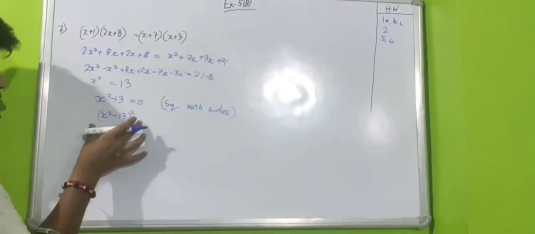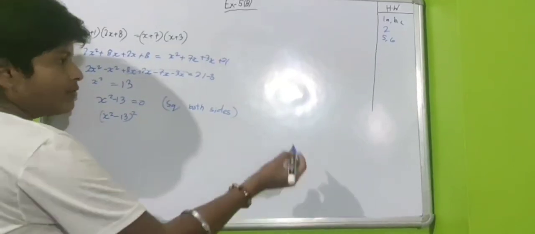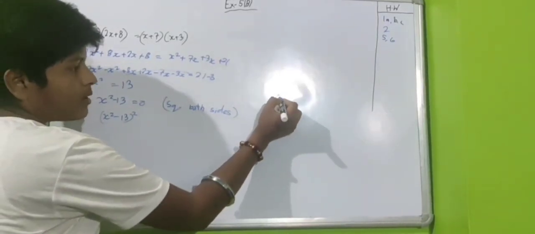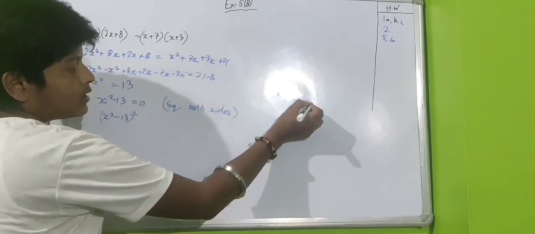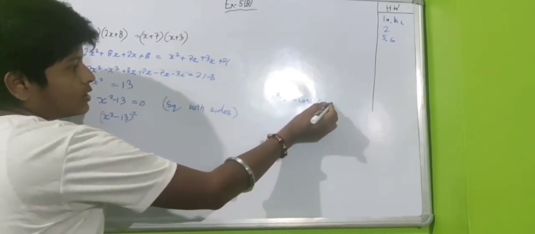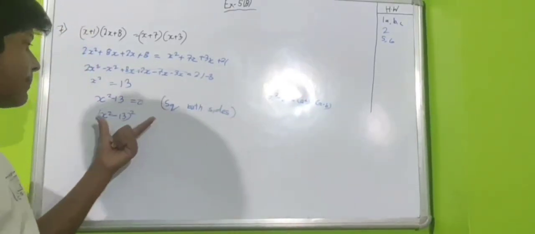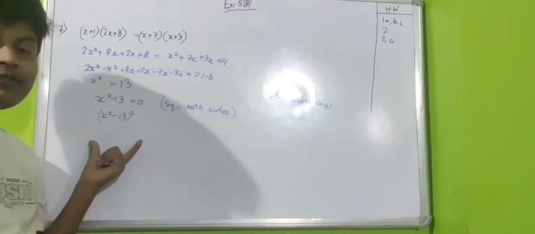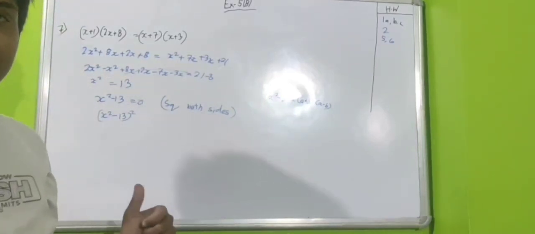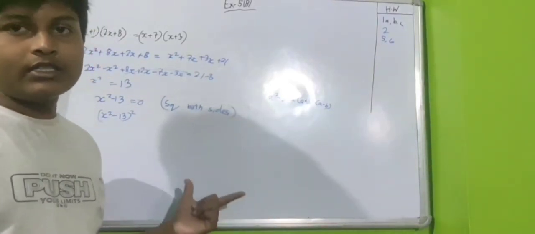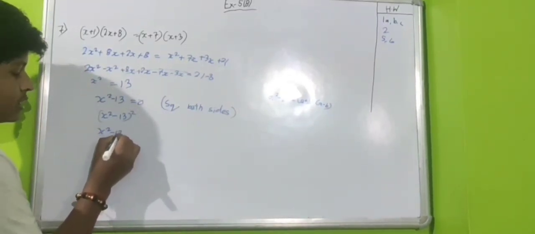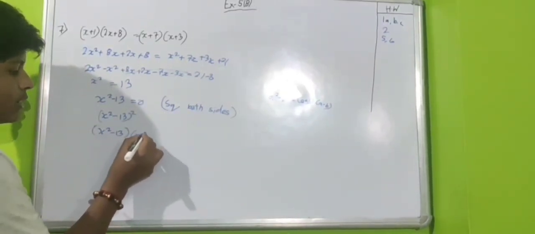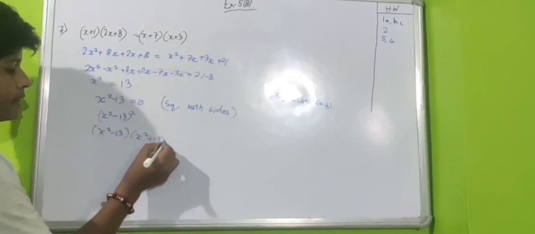We can write this also according to this formula: a square minus b square is equal to a plus b and a minus b. See friends, you have to apply these types of formulas in solving these questions, not only in quadratic but in other chapters where it is needed. So it will be x square minus 13 and x square plus 13 equals to 0.